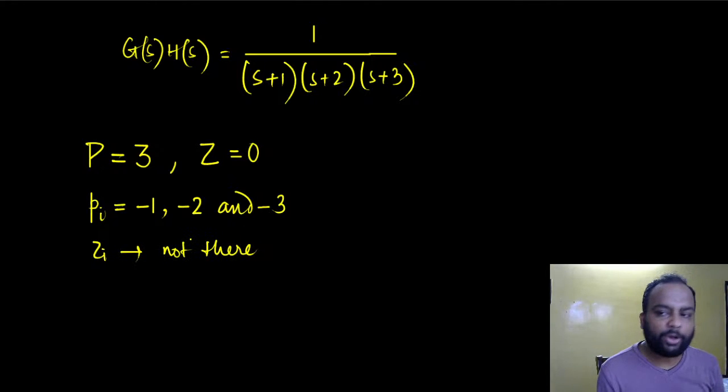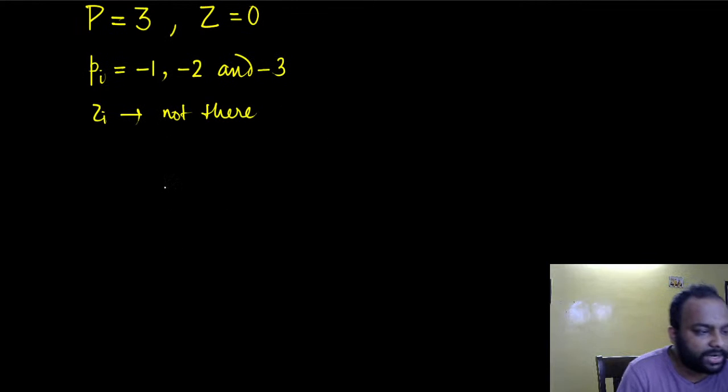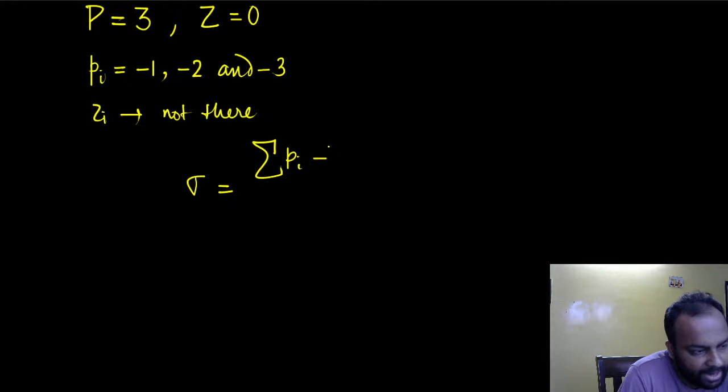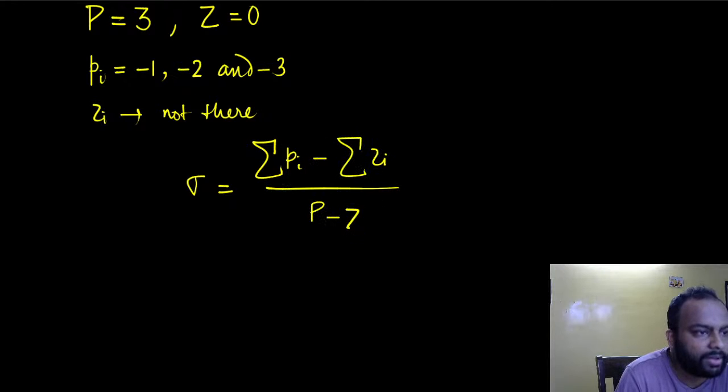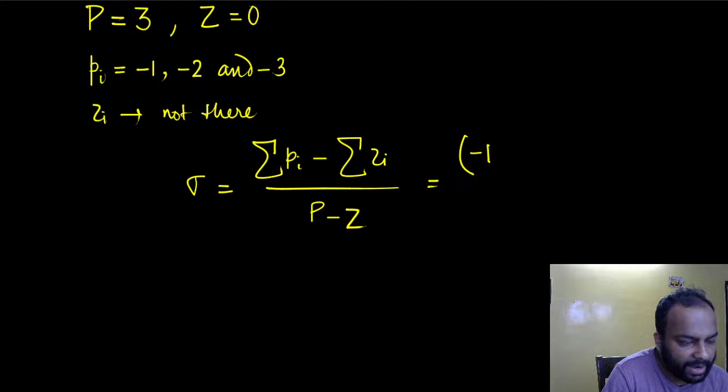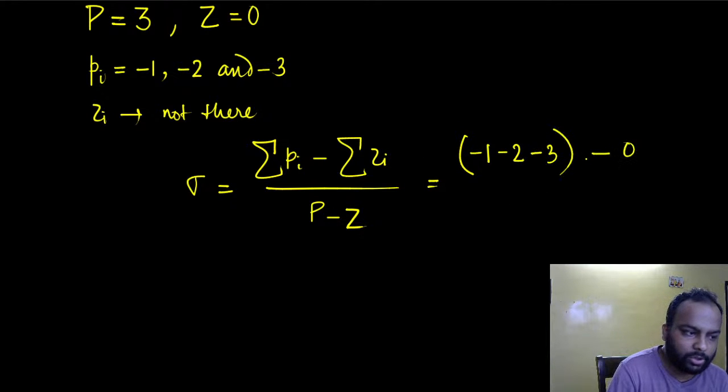Since there are no finite open loop zeros, there are none of these. So what is the centroid's location? The centroid's location is essentially the summation of Pi minus the summation of Zi, divided by P minus Z. If you calculate this, it becomes -1, -2, -3, the sum of all the poles, minus 0 for the zeros, since there is nothing there, divided by the number of open loop poles minus the number of open loop zeros.